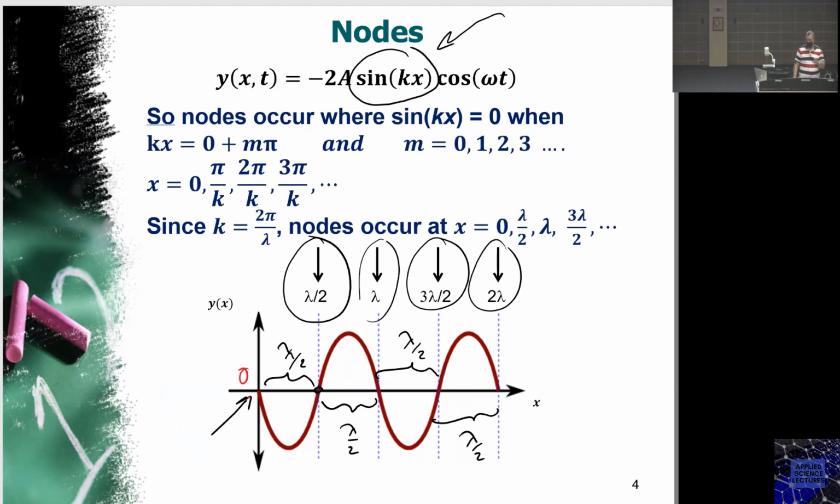So always keep in mind that the spatial difference between two nodes or two antinodes is the same, lambda over 2. The only difference here is the starting point. The node is starting from 0. The antinode is shifted, starting at lambda over 4. Is that clear?